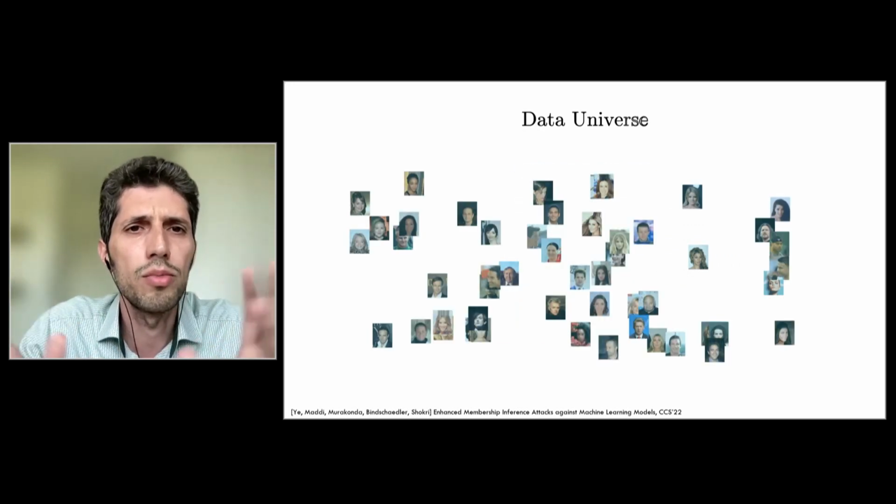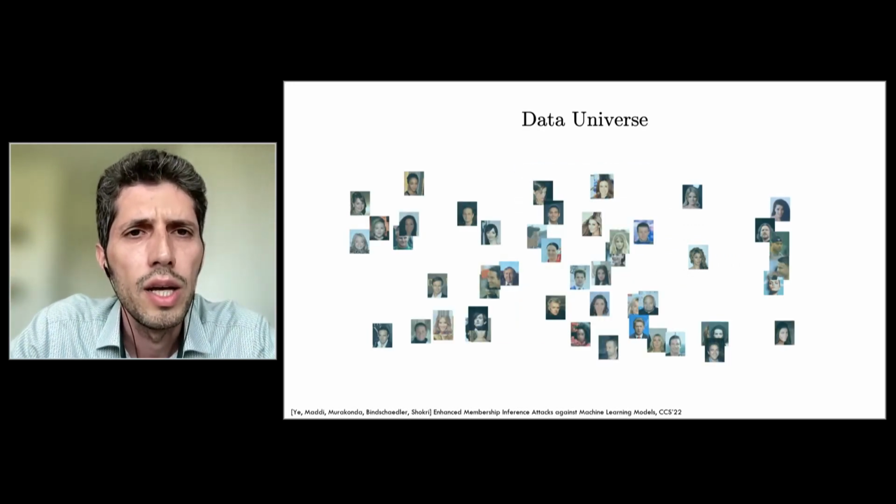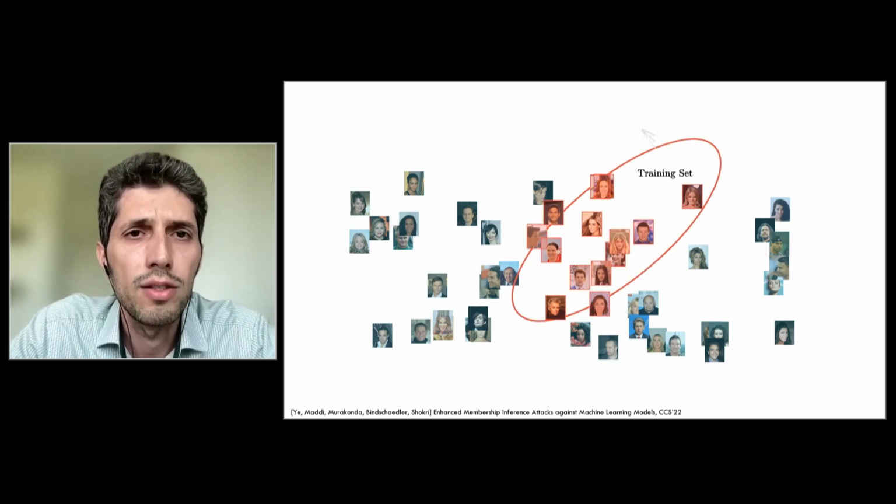Here I want to very briefly illustrate what an adversary would do, and then we get into the metrics. So imagine we have a data universe, with data points distributed according to some distribution. A subset of this is selected as training data.